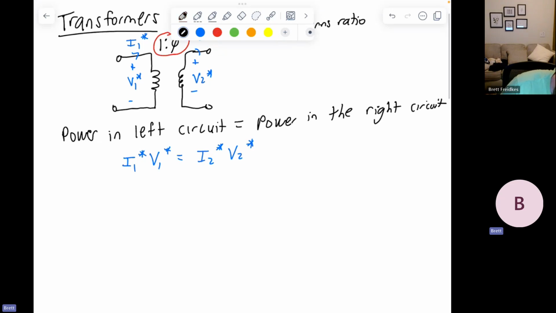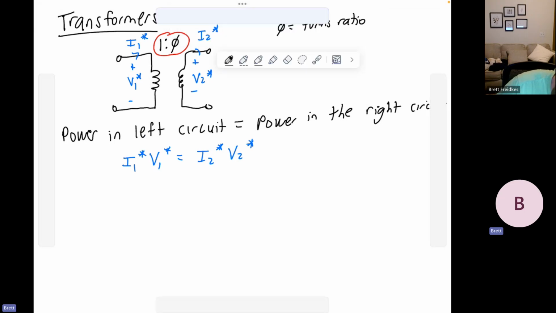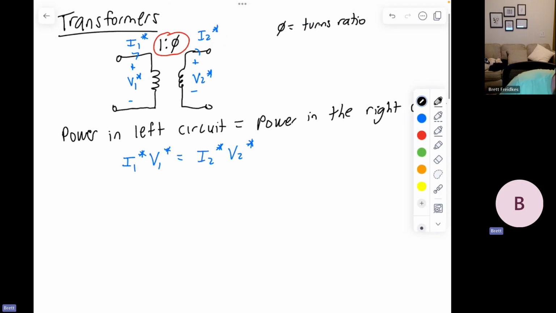If I were to write that the ratio of V1 star to V2 star, I want to set that equal to something involving the turns ratio. In this example, I have it written as 1 to phi.